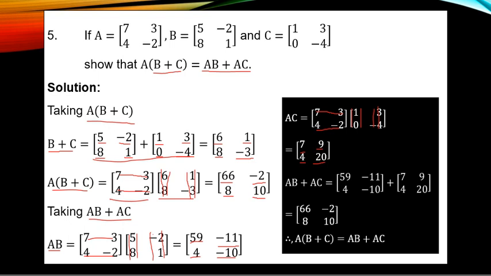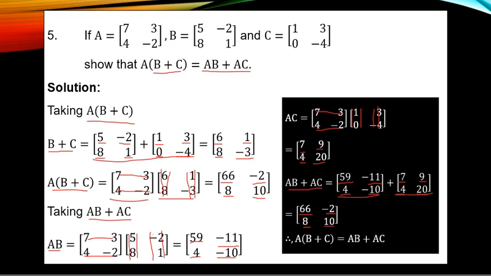After that, you add AB and AC. This is matrix AB, this is matrix AC. So if you add 59 plus 7, that is 66, minus 11 plus 9, that is minus 2. 4 plus 4, you have 8, minus 10 plus 20, that is plus 10.